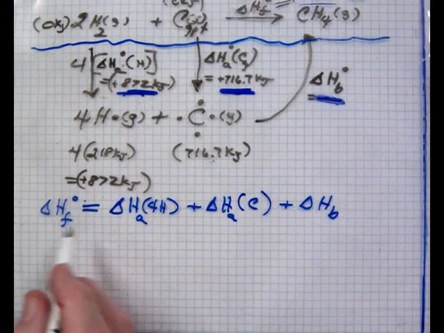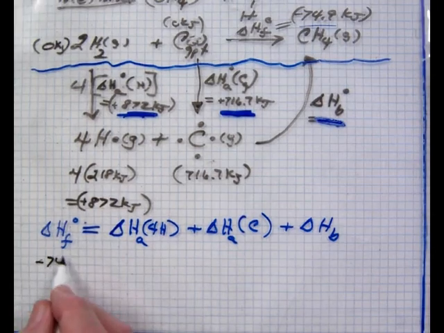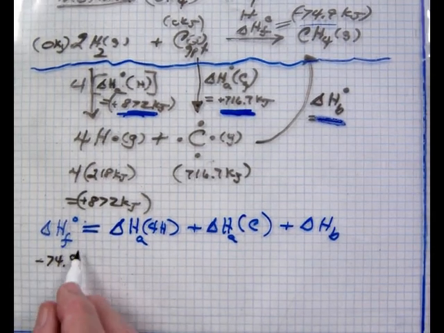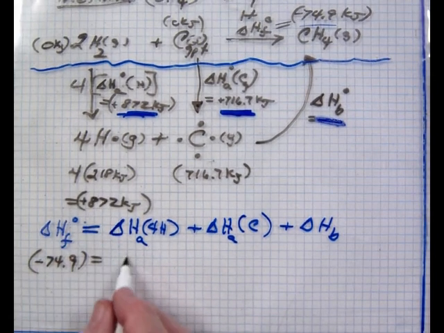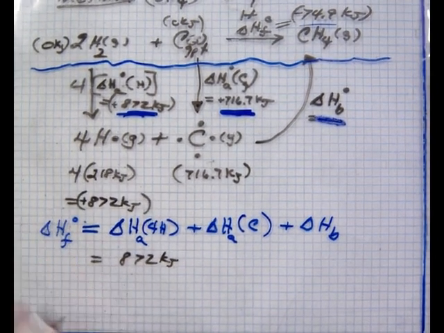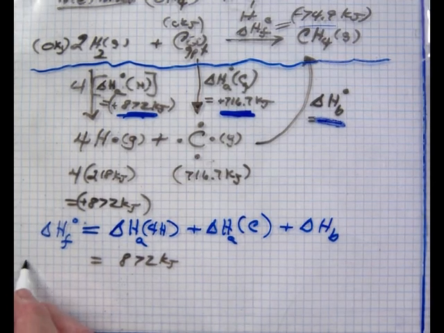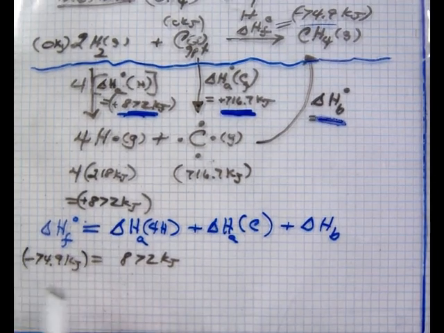So we have a minus 74.9 kilojoules is equal to 872 kilojoules right there. Maybe I should put my units in. Minus 74.9 kilojoules right there.